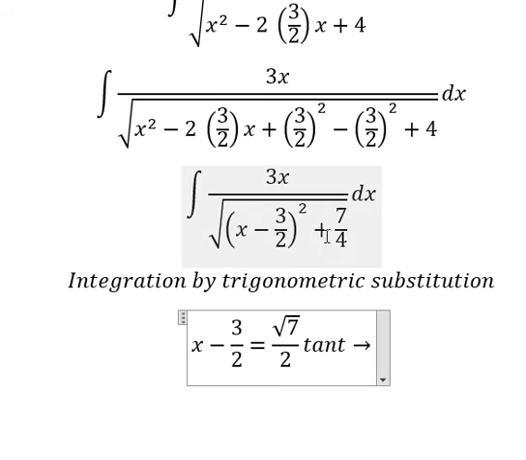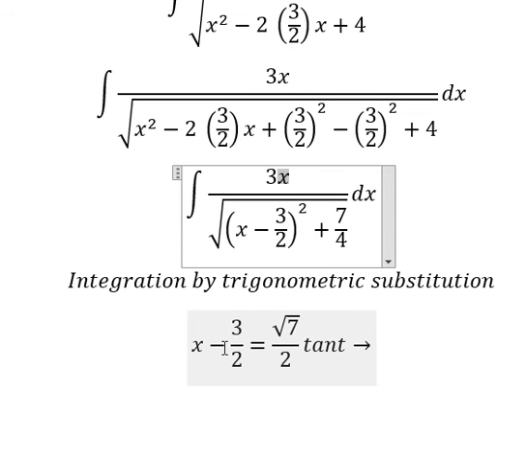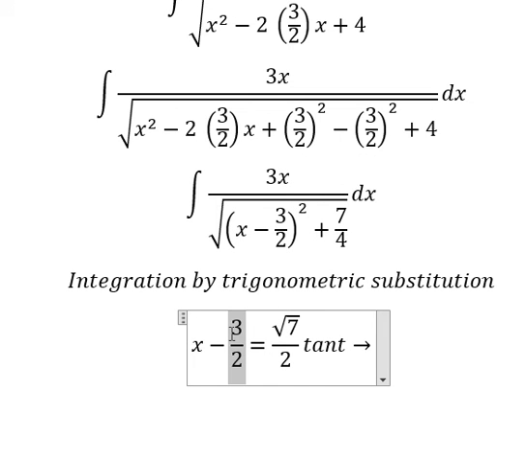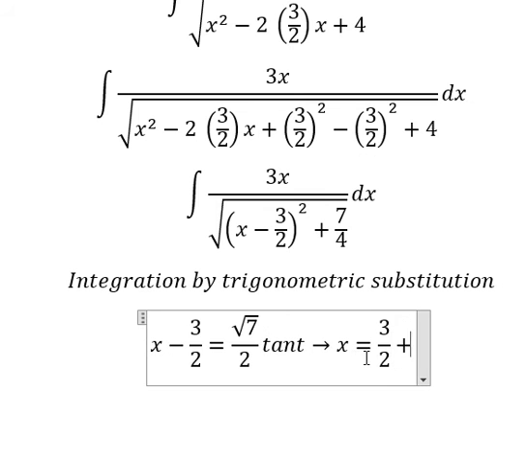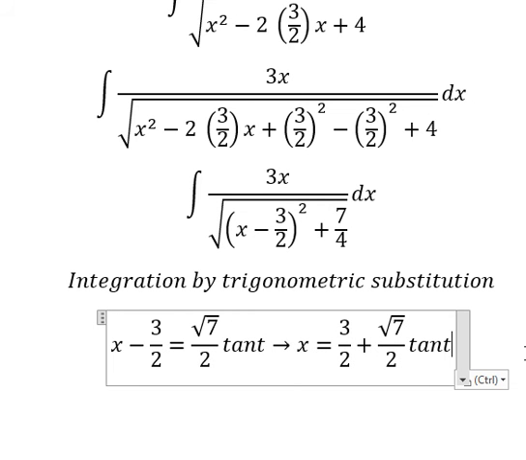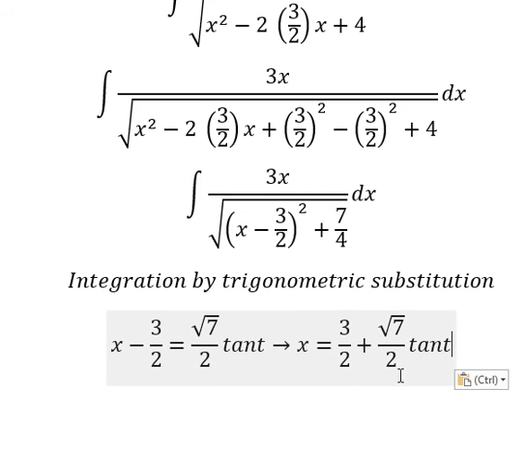Next, because we have s, I will put this to the right. Next, we need to first do the derivative for both sides, and we have like this.